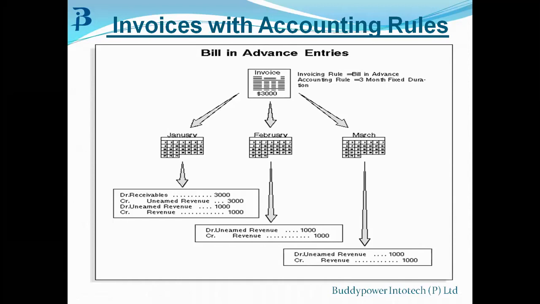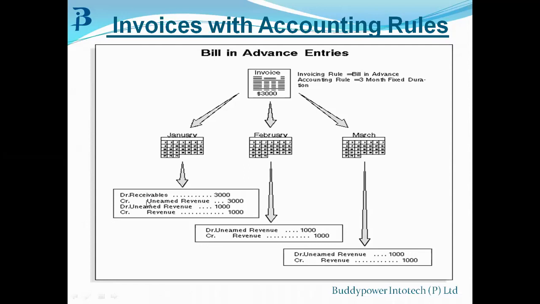So the invoice raised is a bill in advance, and revenue is recognized over 3 months. Here in Jan, you raise an invoice of $3,000 for a 3 month contract. So the accounting rule is 3 months fixed duration. The entry passed would be like in Jan when the invoice is raised, the receivable account is debited 3,000.